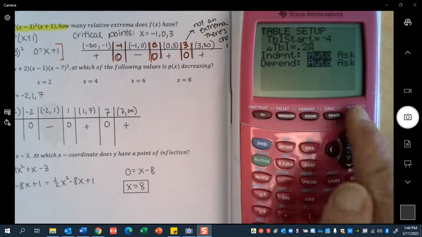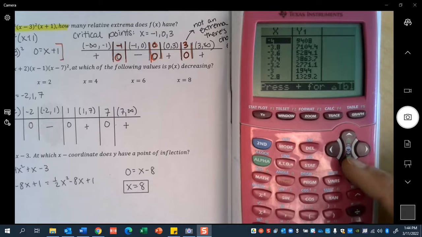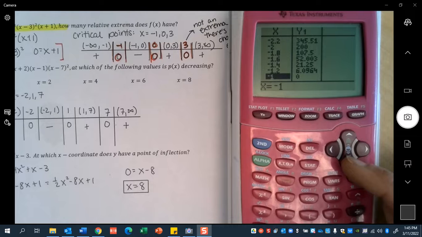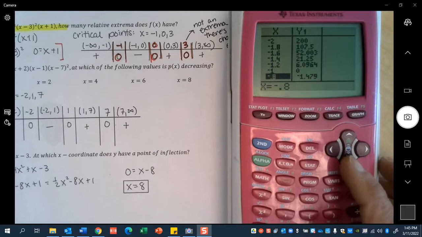Now when I go back to my table, I'm still at -4, but see how I'm going up 0.2 at a time? As I'm getting down to this area where -1 is, my derivative is positive from -infinity up to -1. It's 0 at -1, but notice now there's my negative.